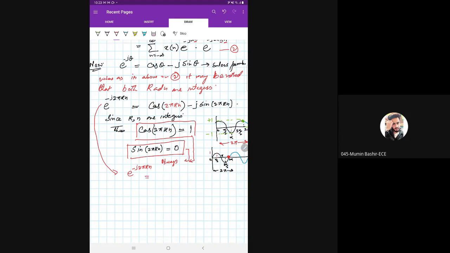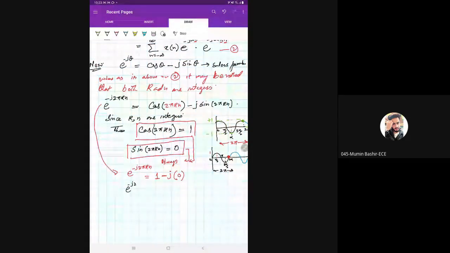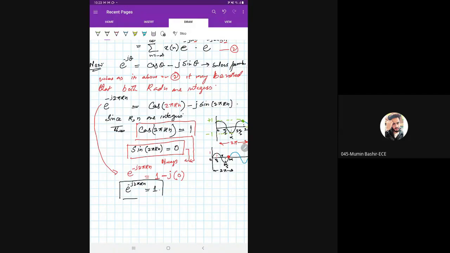It will be equal to cos 2 pi kn, which is 1, then minus j times sine of 2 pi kn, which is 0. So please remember that e raised power minus j 2 pi kn will be always equal to 1. It will be always equal to unity.